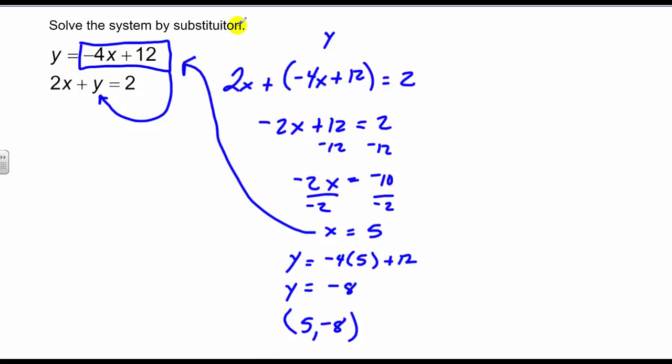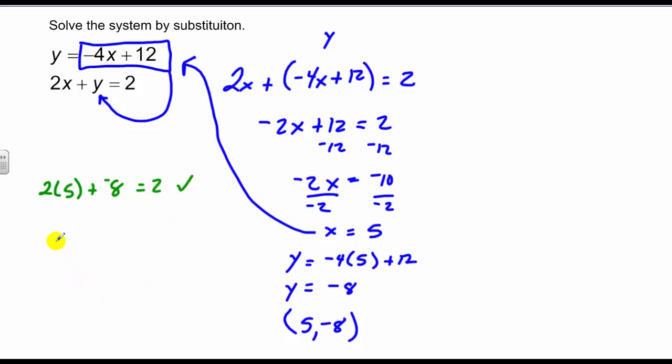And if I wanted to, I could go ahead and check. I'll do that just on one of these, and we'll assume that this works on all of them. So 5 is the x value. I have 2 times 5, and negative 8 is the y value. And hopefully 10 plus negative 8 is 2, and that checks.